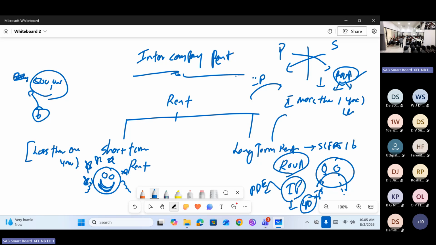The parent property is used for the administration purpose of the subsidiary company, and as one single entity, we have not rented out anything outside. We are using it for admin purpose. Because of that, once we are doing consolidation, whatever is classified as IP at the individual level, from the parent or the subsidiary, we reclassify to PPE in the consolidated column.